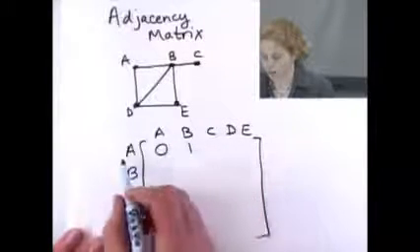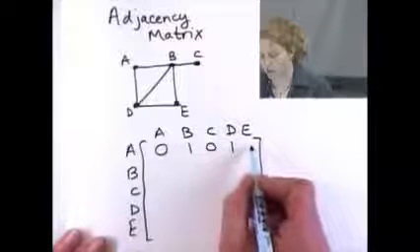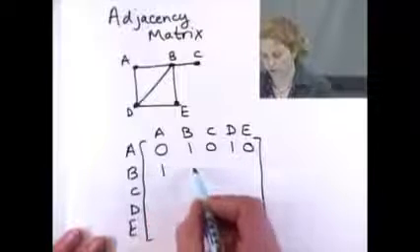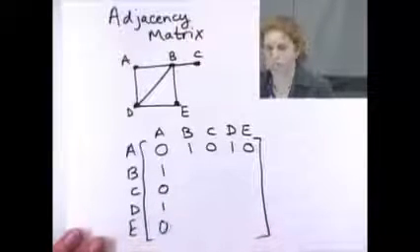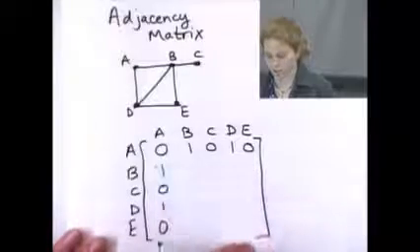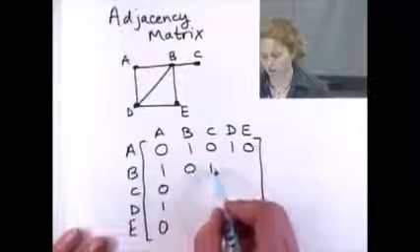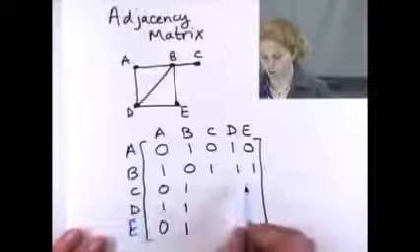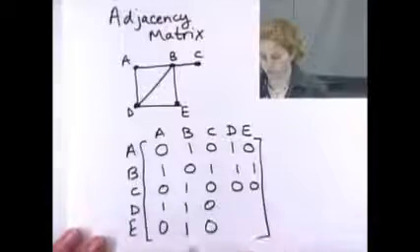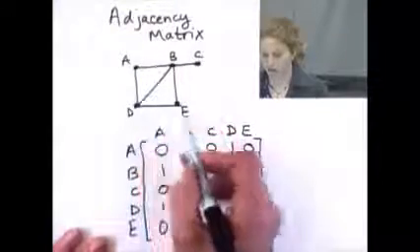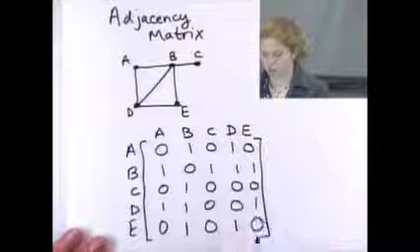So A is next to B. And is A next to C? No. It is next to D. It is not next to E. So I can fill these out, and I know this is symmetric, so I can copy this row into this column, because these are what's next to A. Now next to B I have A, C, D, and E, so everything is adjacent to B. Next to C I just have B. And next to D I have A, B, and E. And for E, all I have left is to put a 0 there.